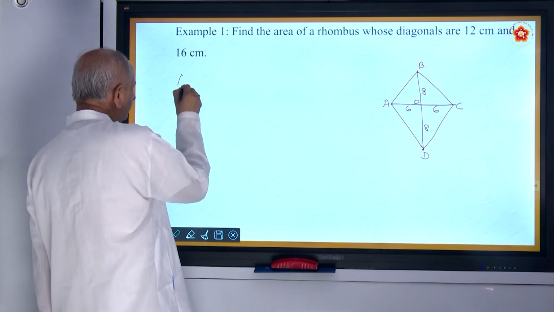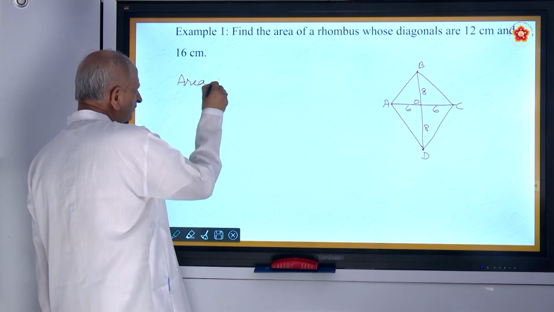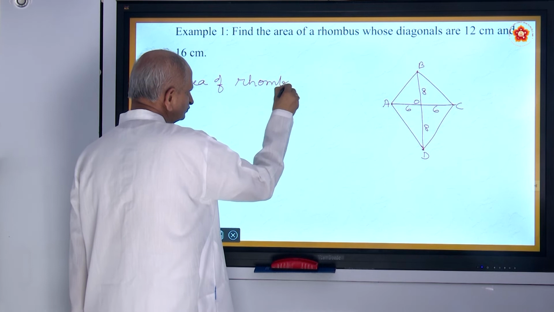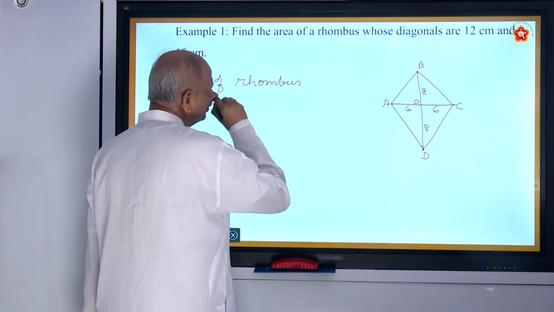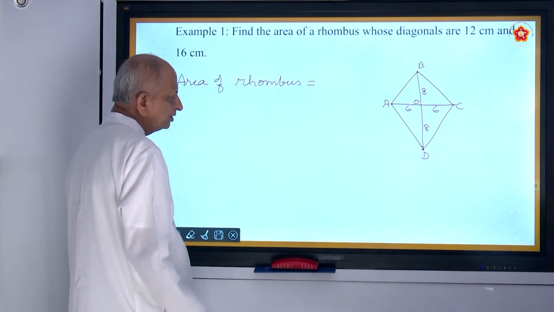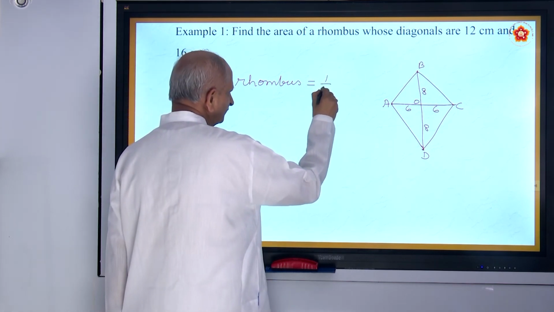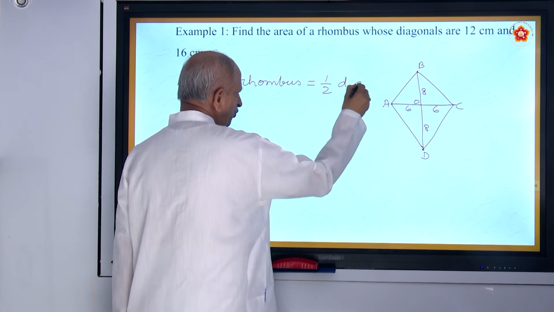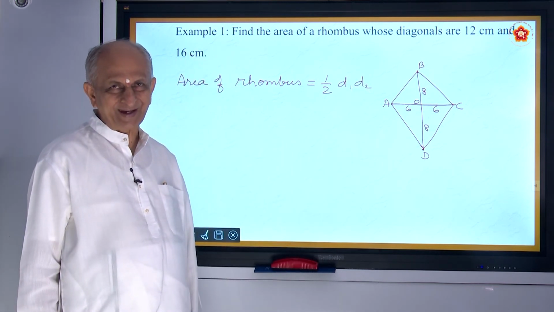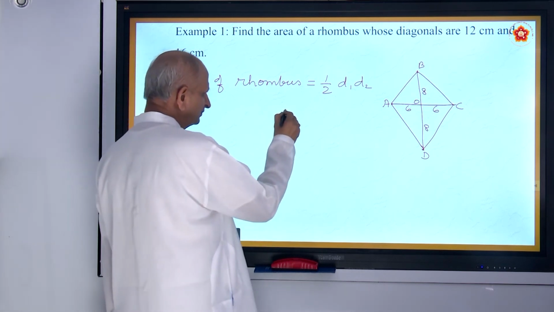So you can write, area of rhombus is equal to half of d1 d2. What is d1 d2? Diagonals. So simple.